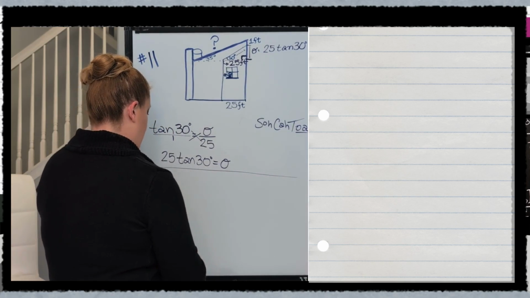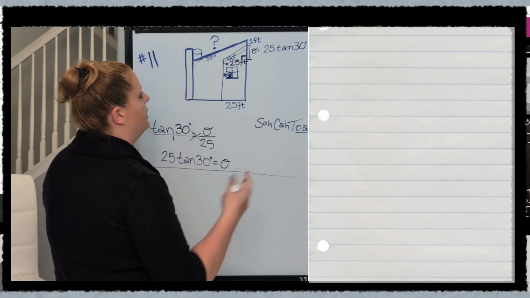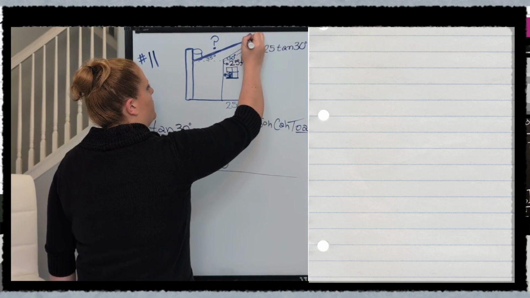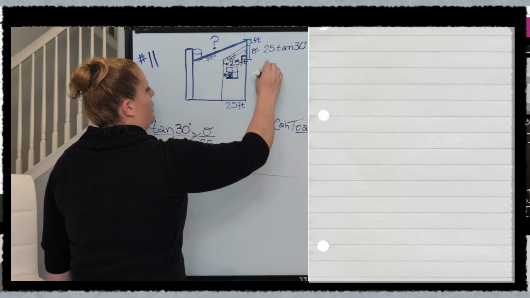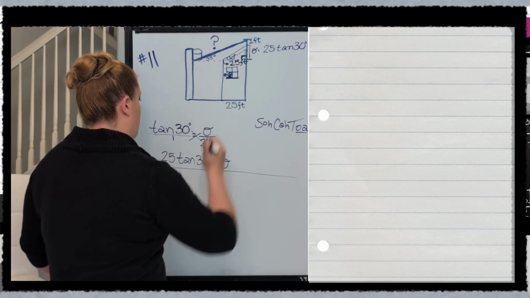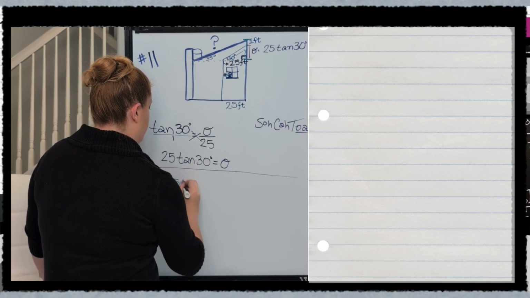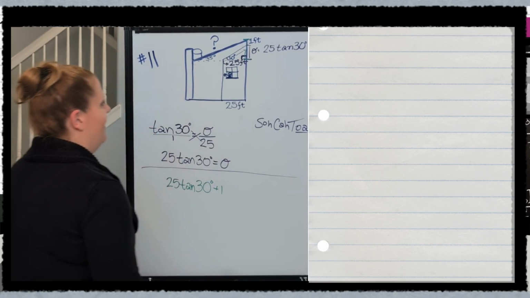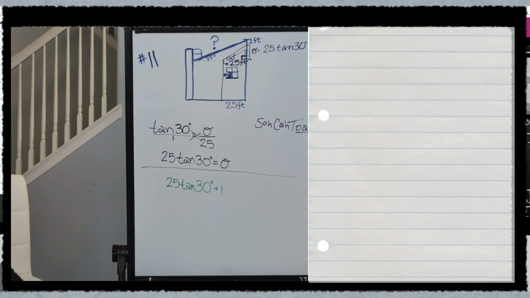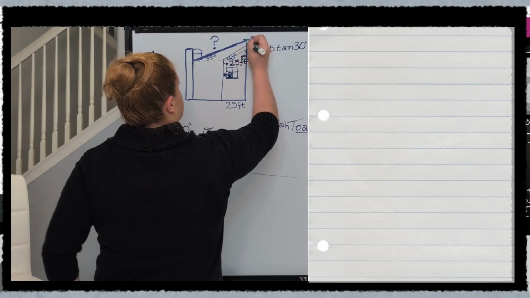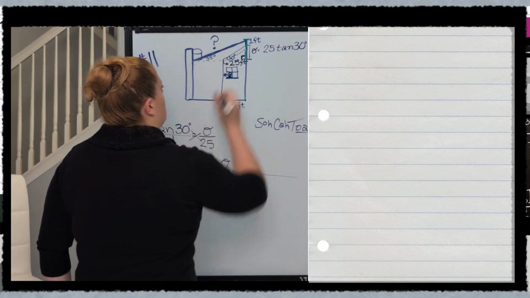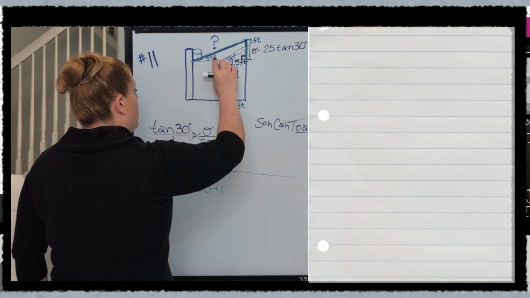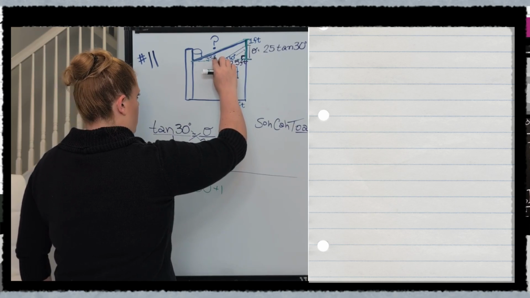Now, the reason I did that, and I'm kind of figuring it out as I go here along with you, is this whole height from up here to down here is going to be this plus 1 foot. So 25 tangent 30 degrees plus 1. And I know that's a lot. It's a mouthful. Is this length right here. So in looking at this bigger triangle now, we have a 35-degree angle over in the corner.